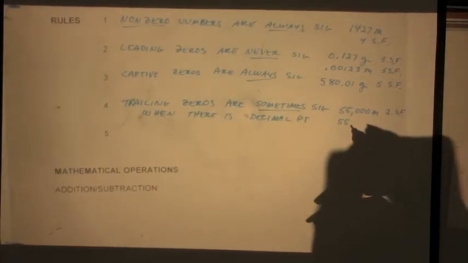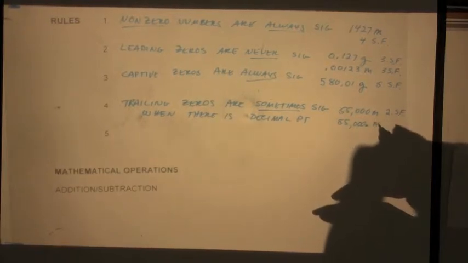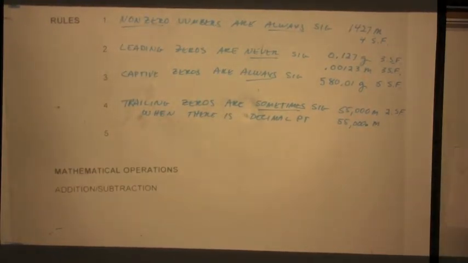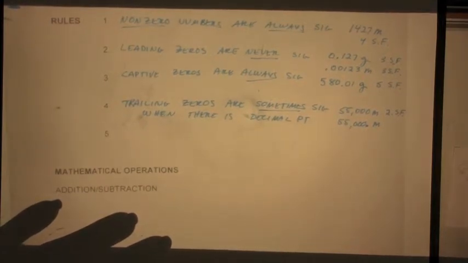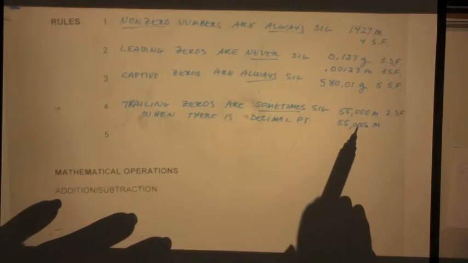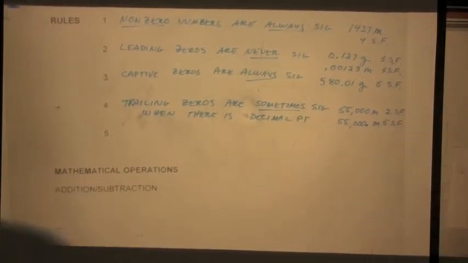But throw in a decimal point with the meters. That's telling the reader of the data that you took the time and effort to measure to the 1 meter place, that your measuring device was that good. So 1, 2, 3, 4, 5, you actually have 5 sig figs represented by your measuring device.